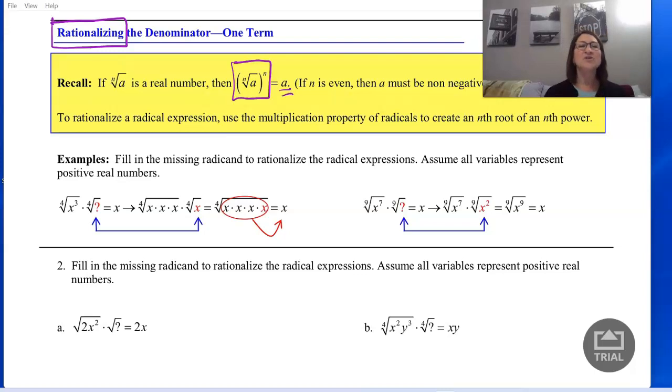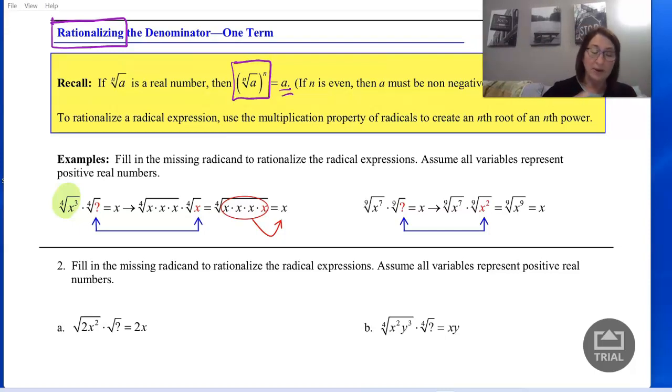So, for example, if we start with the 4th root of x cubed, but we want to get to just plain old x. In order to get to plain old x, I need that radicand to be an x to the 4th so that my exponent and my index match.